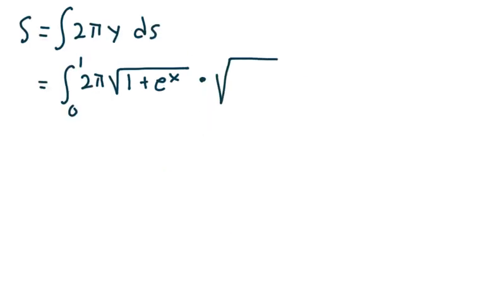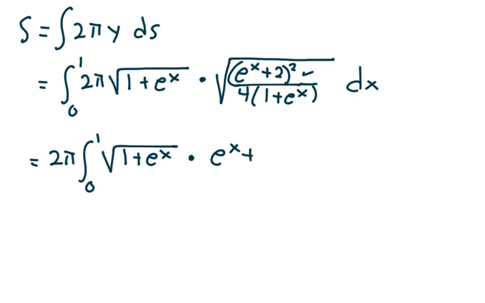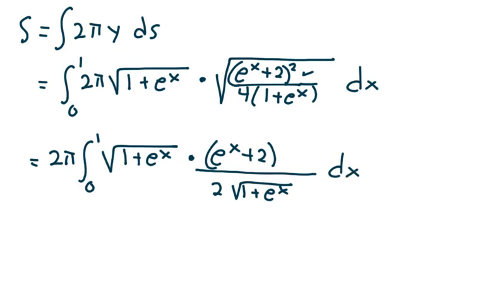So I get the square root of e to the x plus 2 to the second divided by 4 times 1 plus e to the x. So I'm going to integrate this whole thing with respect to x. So you get 2 pi times the integral from 0 to 1 of square root of 1 plus e to the x times the square root of the numerator, which is e to the x plus 2. The square root of the denominator is 2 square root of 1 plus e to the x, dx.